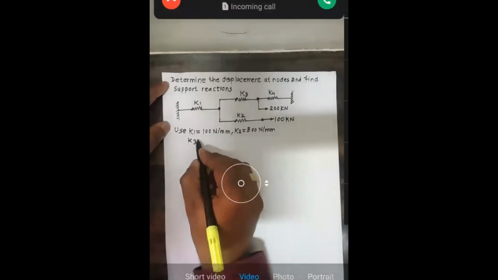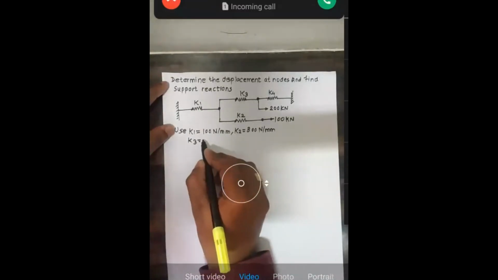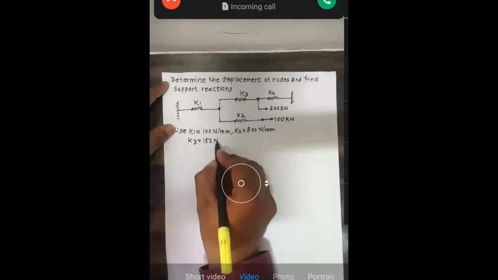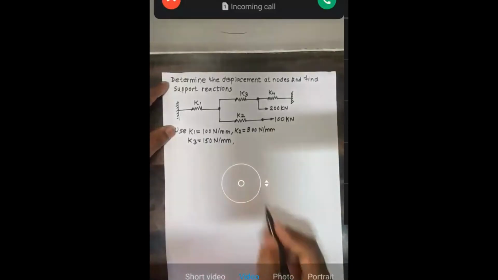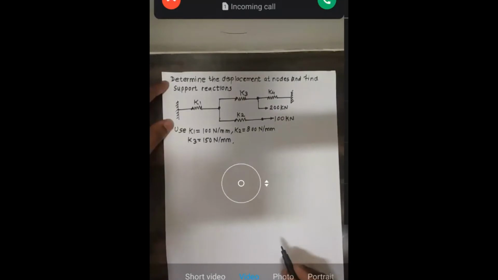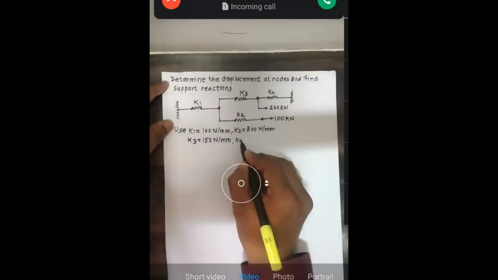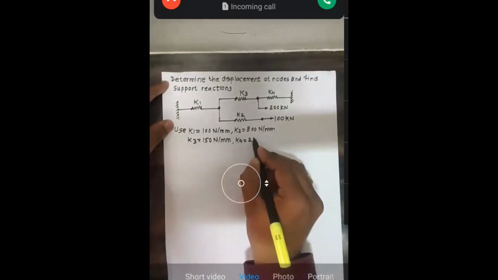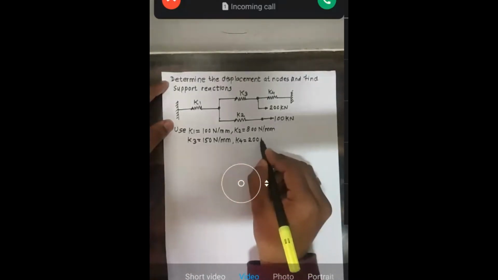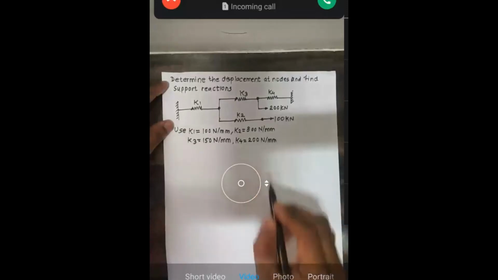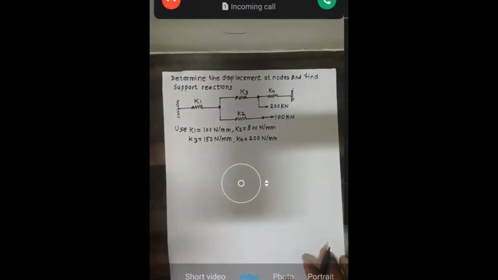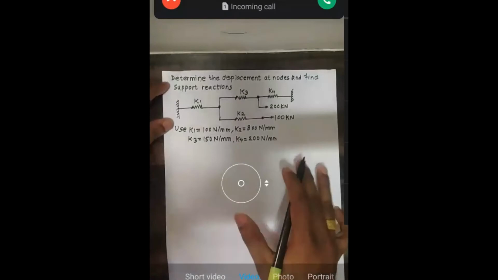K3 is equal to 150 Newton per mm. K4 is equal to 200 Newton per mm. So these are the values given, right?